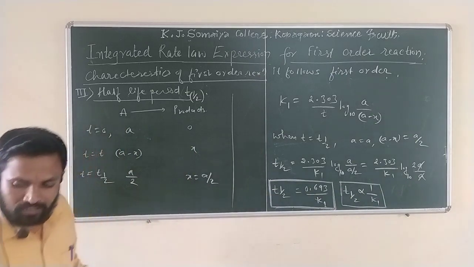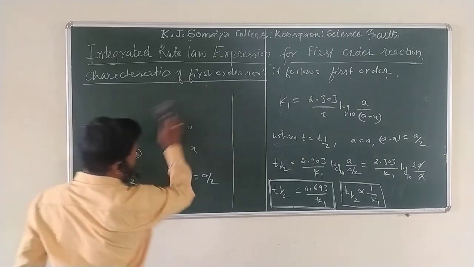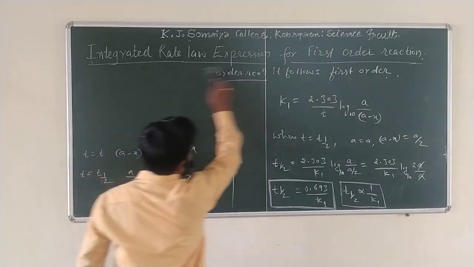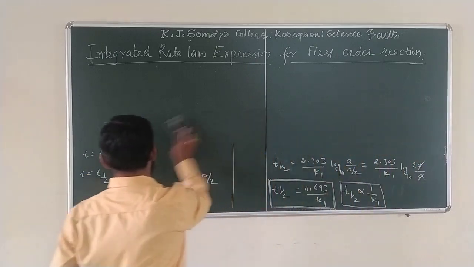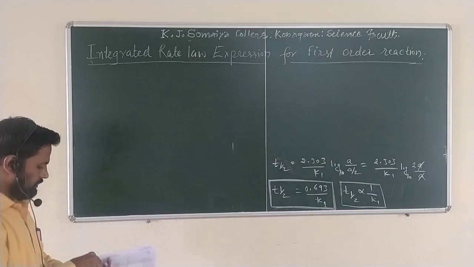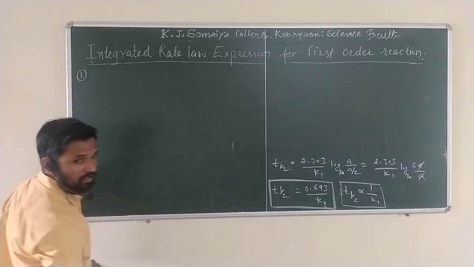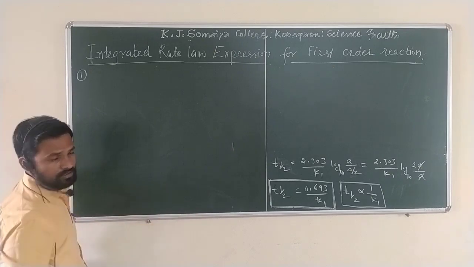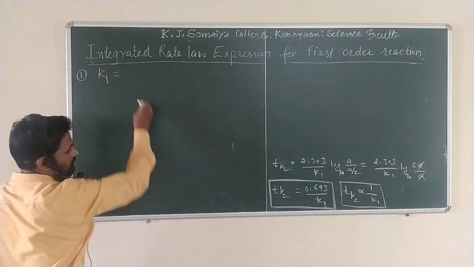Before I stop, let me recap what we studied in the kinetics of first order reactions. What are the points we have taken? First, the rate constant of a first order reaction.